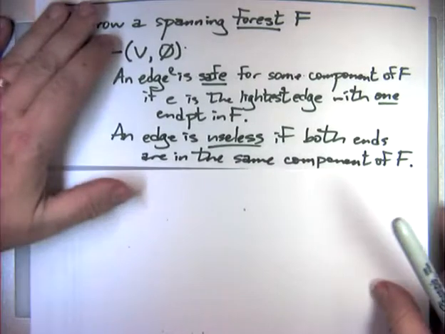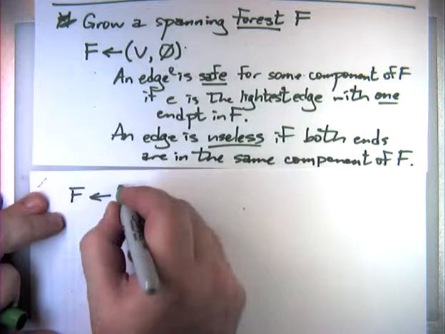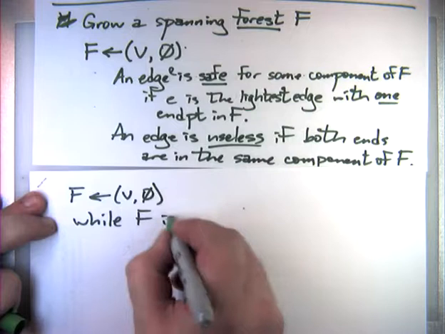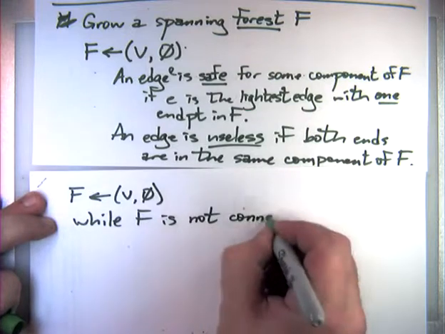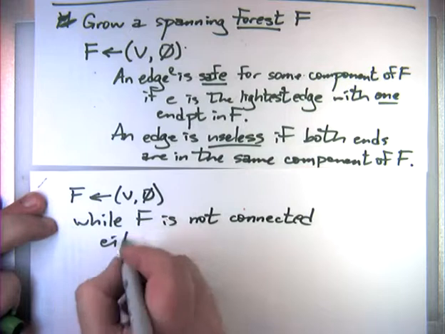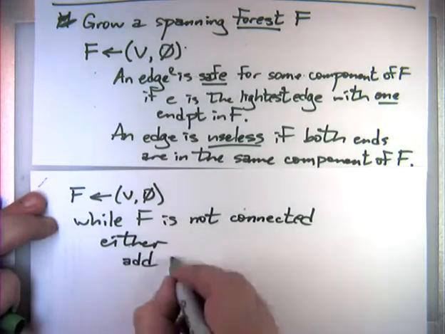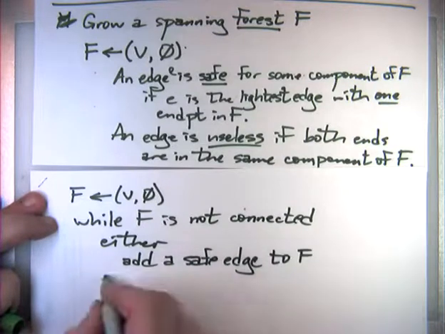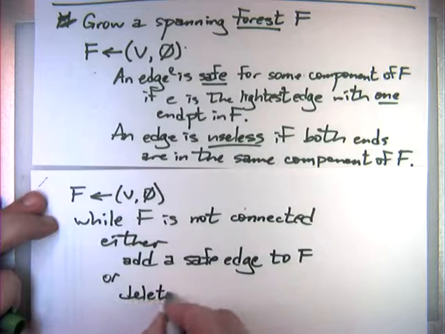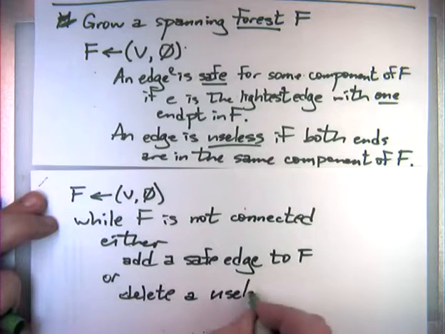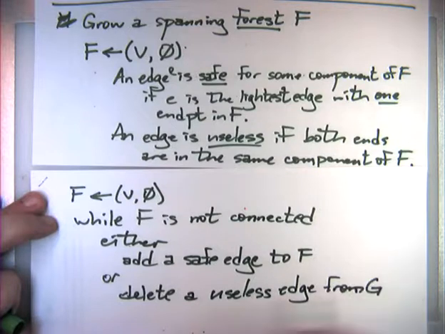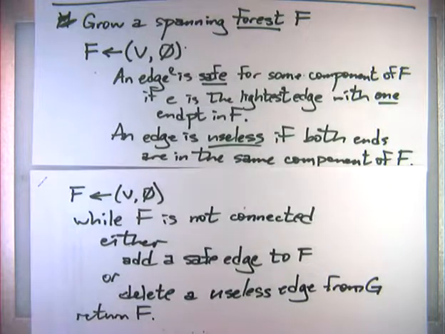I start by setting F to be empty, and then while F is not connected, either add a safe edge to F or delete a useless edge from G. And at the end, return F. That is every minimum spanning tree algorithm.